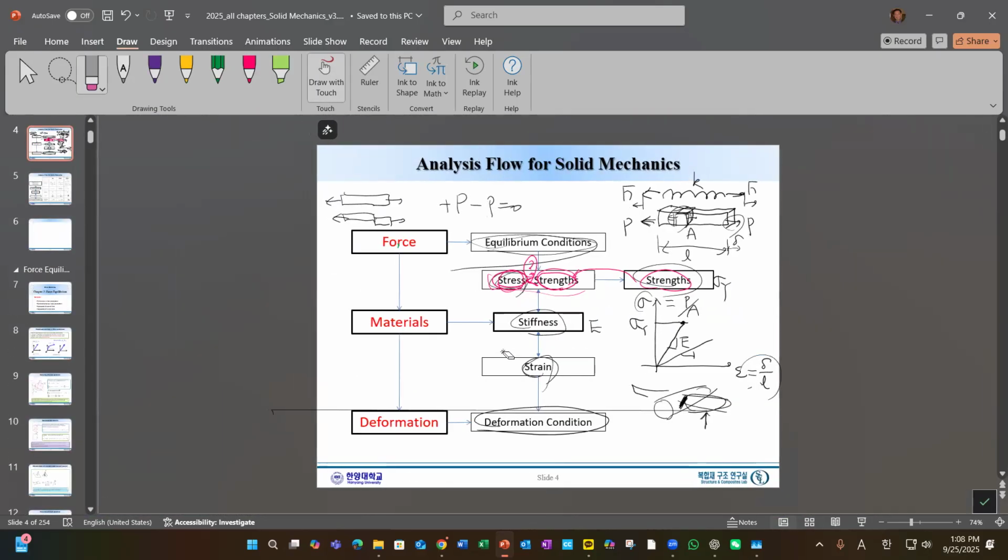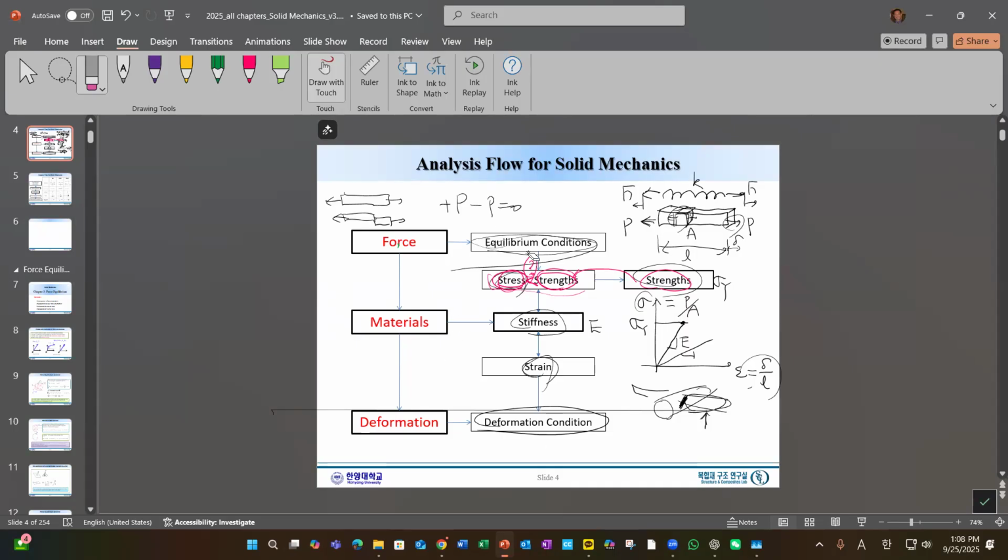This is the 351 flow chart. A force will apply to the material or body, and then it will deform. This part is about the external load, the externally given materials, and the externally observed deformations.